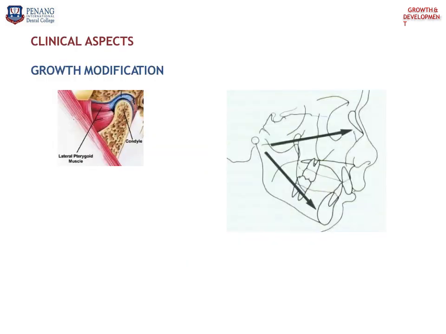So clinically, how we use this functional matrix theory is when we want to modify growth in our peak growth period. Suppose we diagnose a patient having class 2 malocclusion due to a retrognathic mandible, where the mandible is behind and I want to grow the mandible. So how do I grow the mandible?